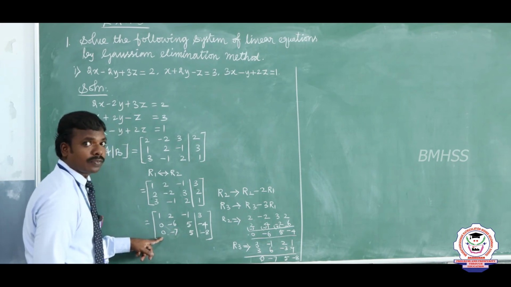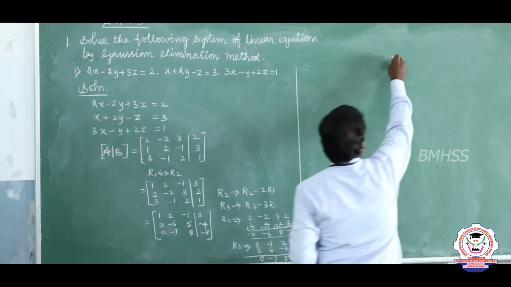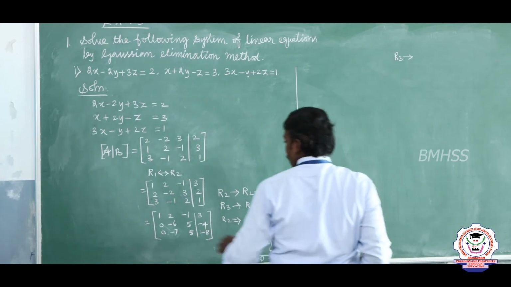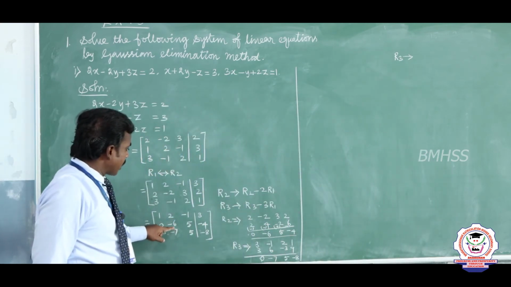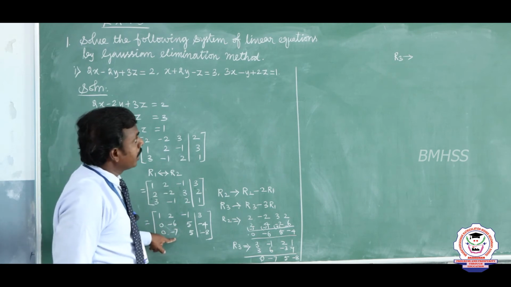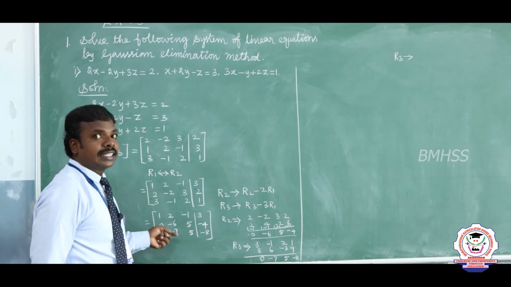That is called echelon form. Do you understand? From this, I am again going to make changes in R3. The numbers are different: in the second row 6 is there, in the third row 7 is there. So I am going to multiply the third row by 6 and the second row by 7.